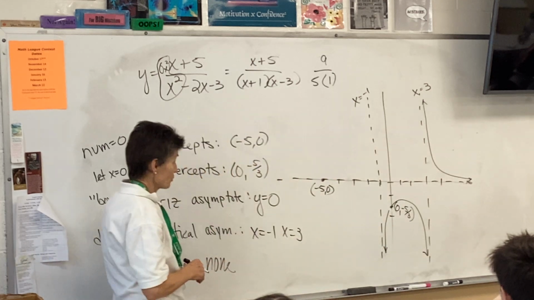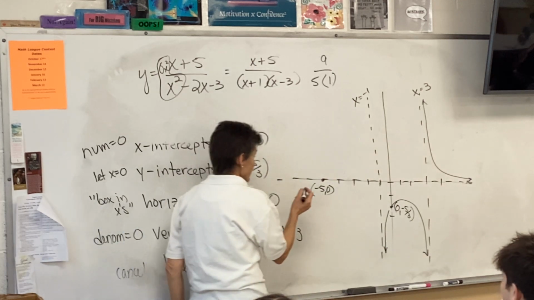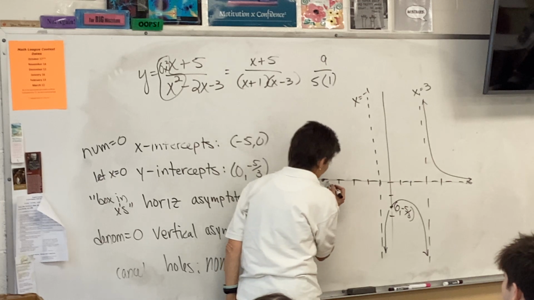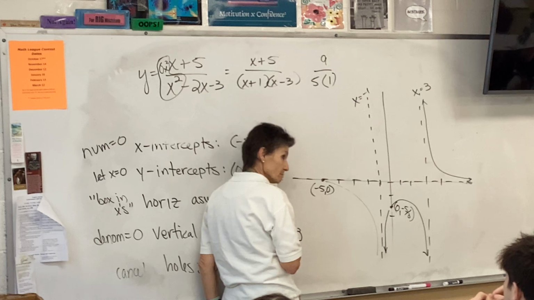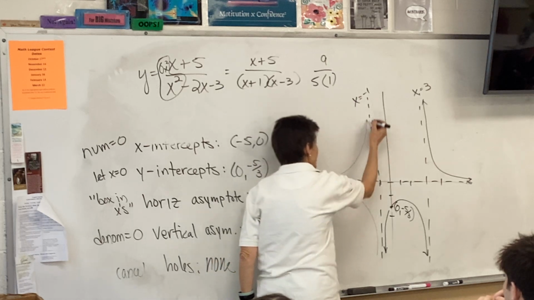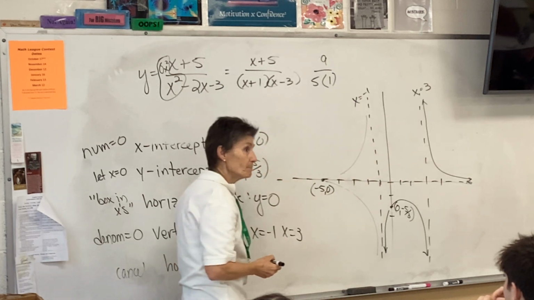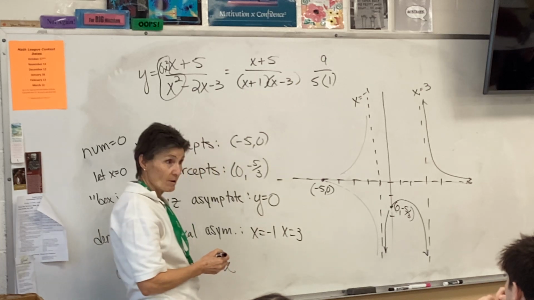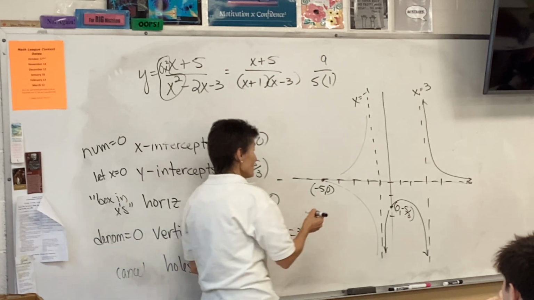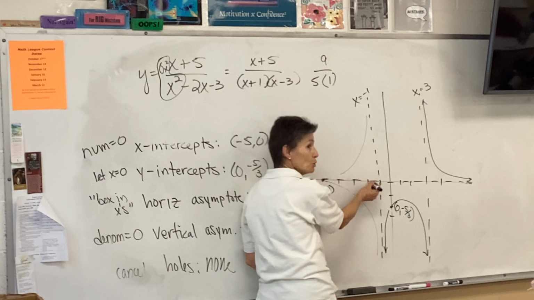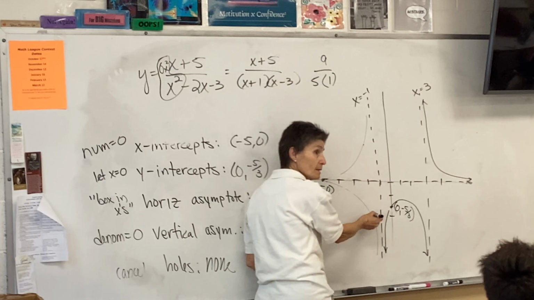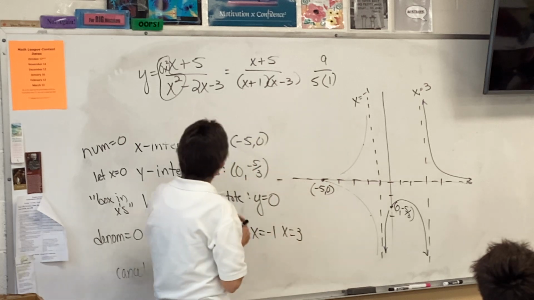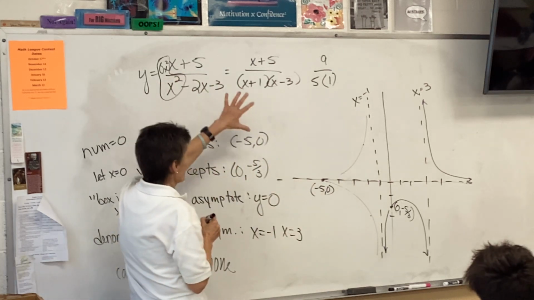Now, this one's tricky, because could this picture go like this? Yeah. Could it also go like this though? Yeah. So I gotta figure out whether, let's say, -2 gives me a positive or a negative answer. So you plug -2 in wherever you want.